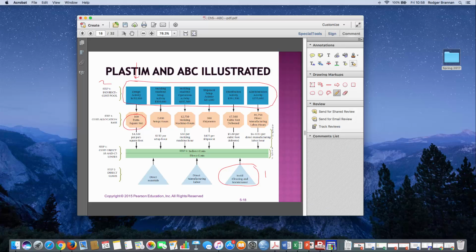I want to make sure that I don't put unit level cost in with a facility level cost. And then identify an activity that the company can and does measure, and then come up with these rates here. And then these rates will be used to determine the cost of a particular item.